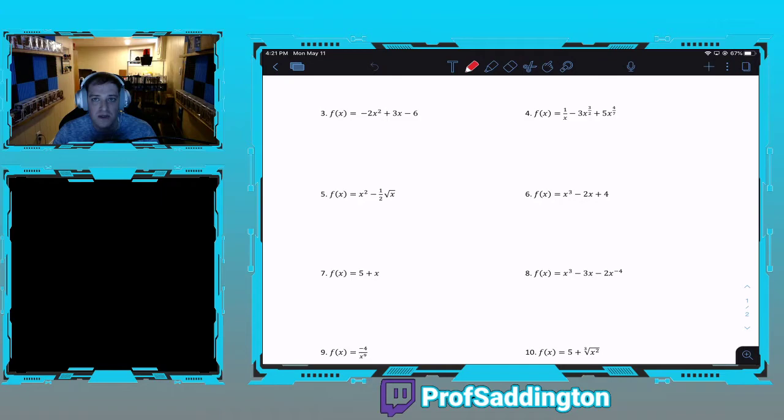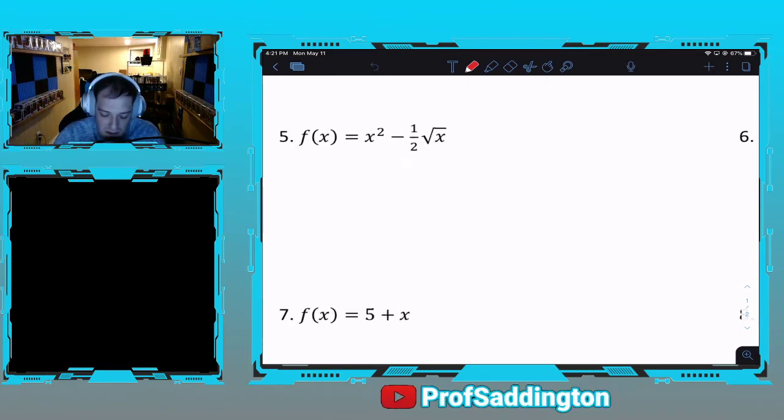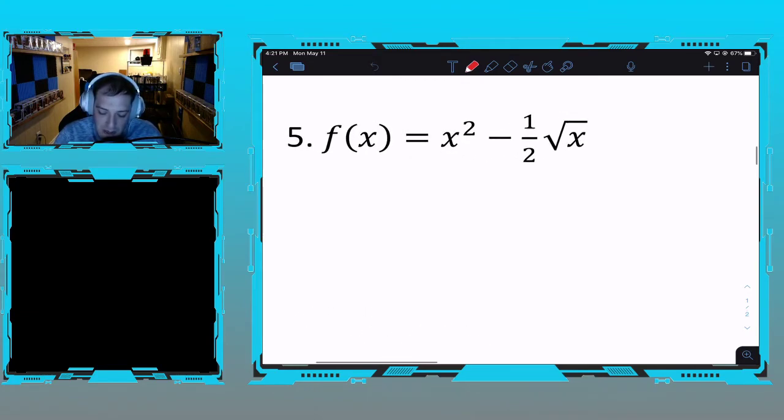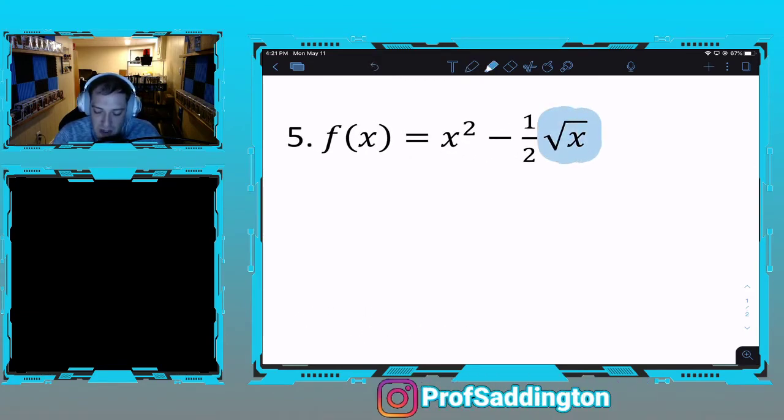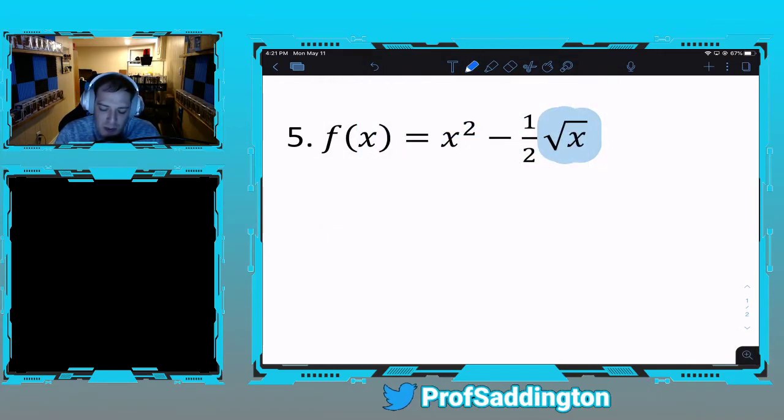My iPad just froze for a second, so I'll let it zoom back in. We have to change the radical into an exponent. There it goes. So I'm just going to look at this part right here real quick. If I want to change that into an exponent, you guys may recall something I did was down and out. We did some review with it on, I can't remember which homework it was, but this exponent is a 1.